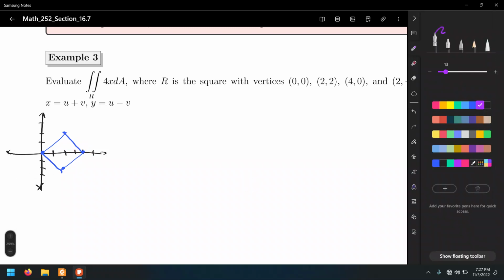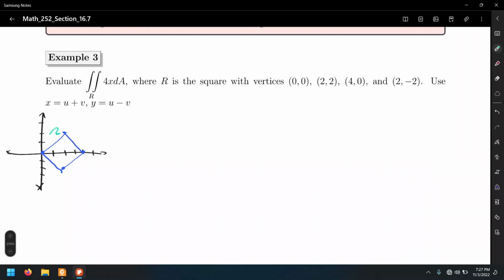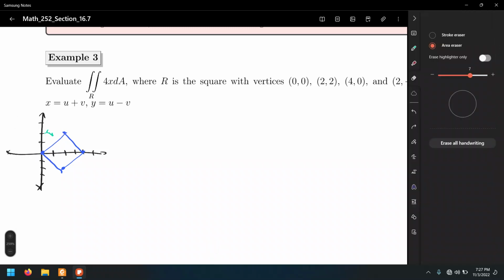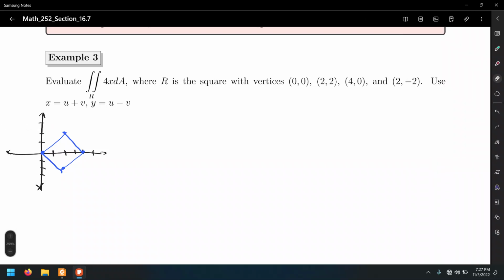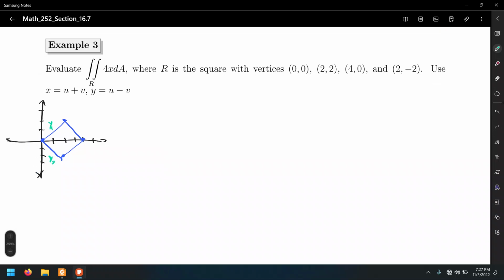In fact, okay, let's do some labels. Let's call this y1. So this is y1. Actually, if you want to write this on the back of your page, y2, y3, and y4. So there's actually 4 equations of lines involved in here, right? In order to turn it into vertically simple, it would involve splitting into 2.